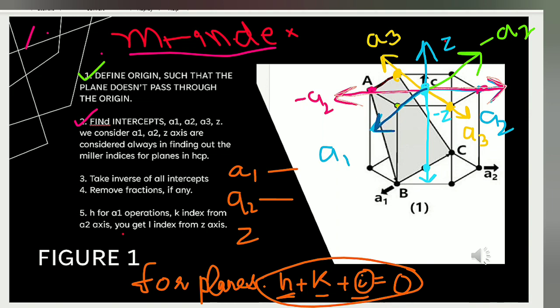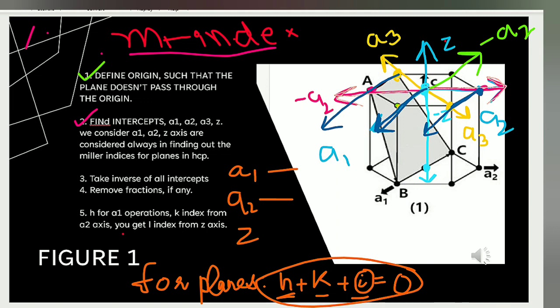Okay, and for your knowledge, I would love to mention that this direction is also A1 direction. I mean that they are parallel to each other. This one direction, this is A1 axis. And this direction is also in the direction of A1 axis, and this is also in the direction of A1 axis.